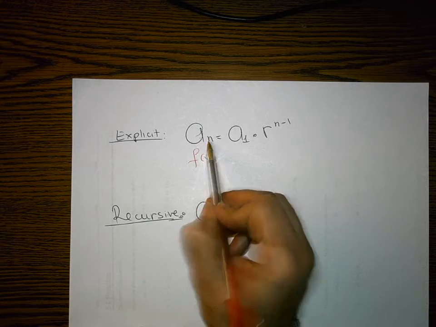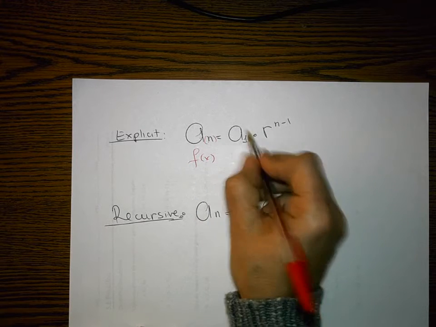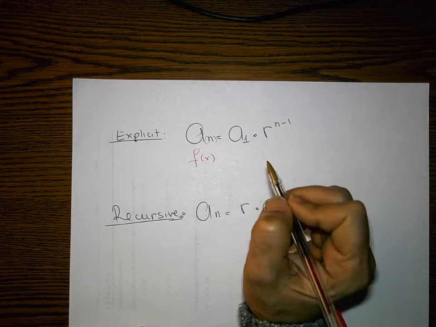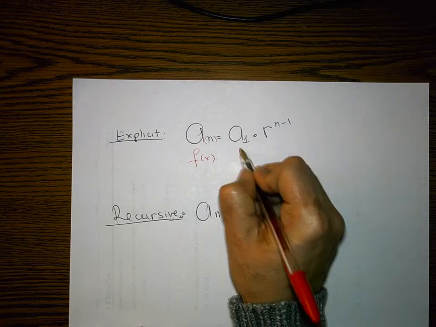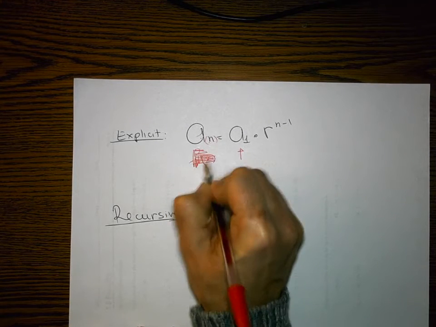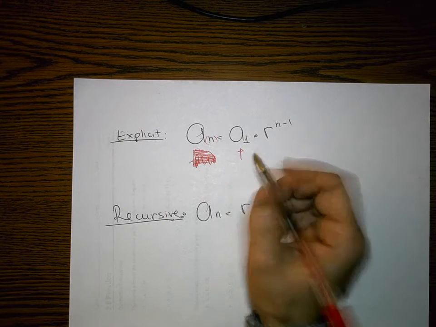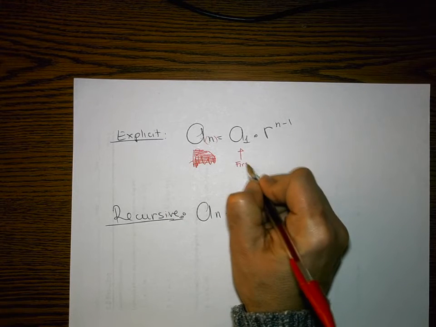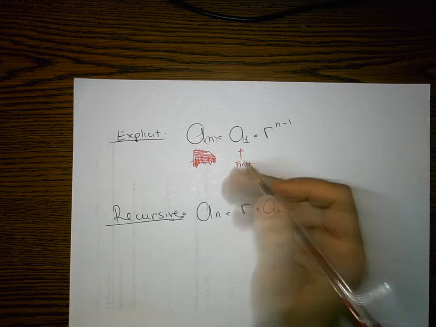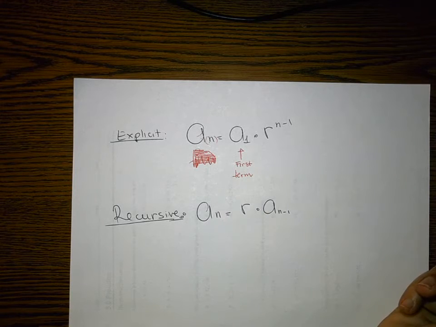A of n, a sub n, and some people like to put a little parenthesis, that's okay with me. This a sub 1, or a of 1, is the very first term of the sequence. Every sequence has a very first term.